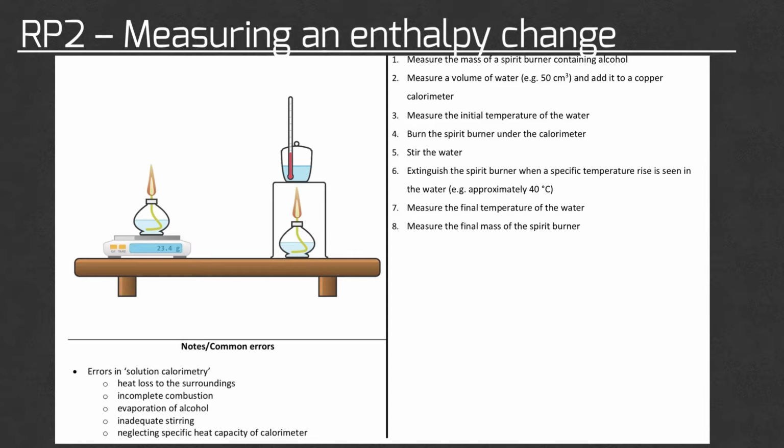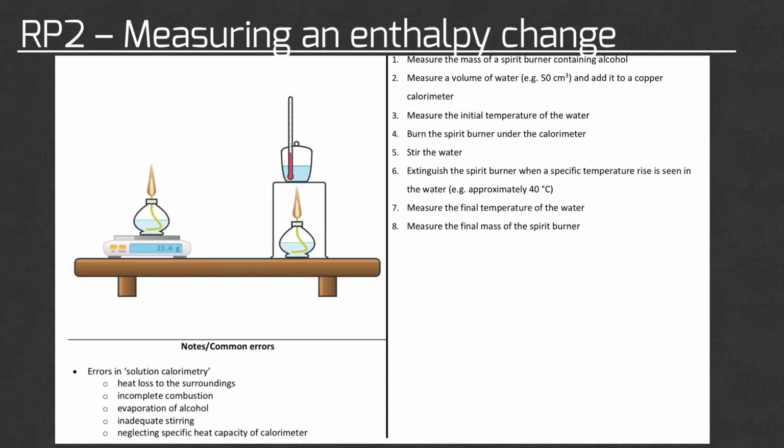The other way we can measure the enthalpy change is to measure the mass of a spirit burner containing the alcohol we're going to use, and then to measure out a set volume of water and add it to the calorimeter. We would measure the initial temperature of the water, and then we would light the spirit burner. We would stir the water to try and get an even distribution of the heat.